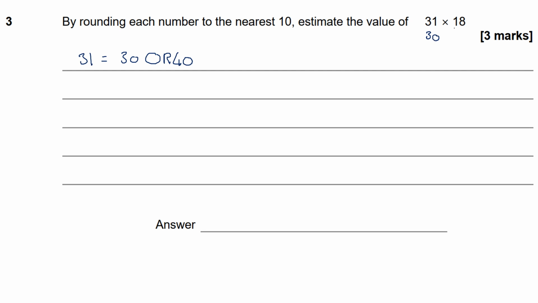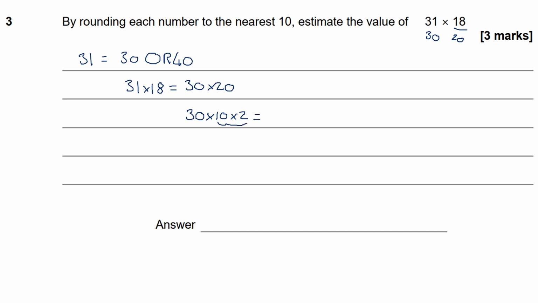And then same with 18. So 18's either going to be 10 or 20, and 18's closest to 20. So for 31 times 18, because it's allowed us to round the number and then estimate the value, we're going to do 30 times 20. Now I know that 20 is 2 lots of 10. So instead of doing times 20, I can do 30 times 10 times 2, because 20 is 10 times 2, so that's a bit of an easier way of doing it.